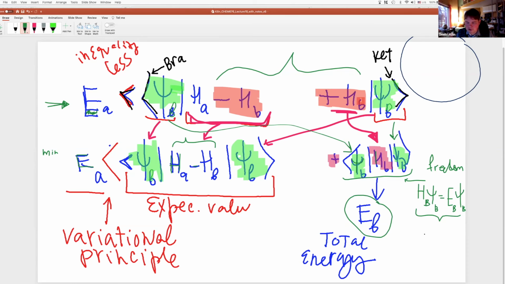If this is not clear, so H B times psi B, I can just add bra and ket here, equals E times psi B.